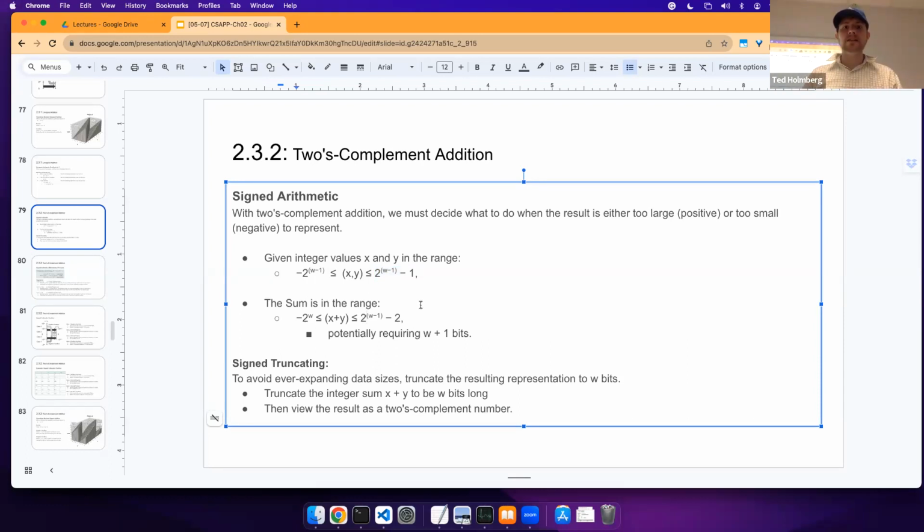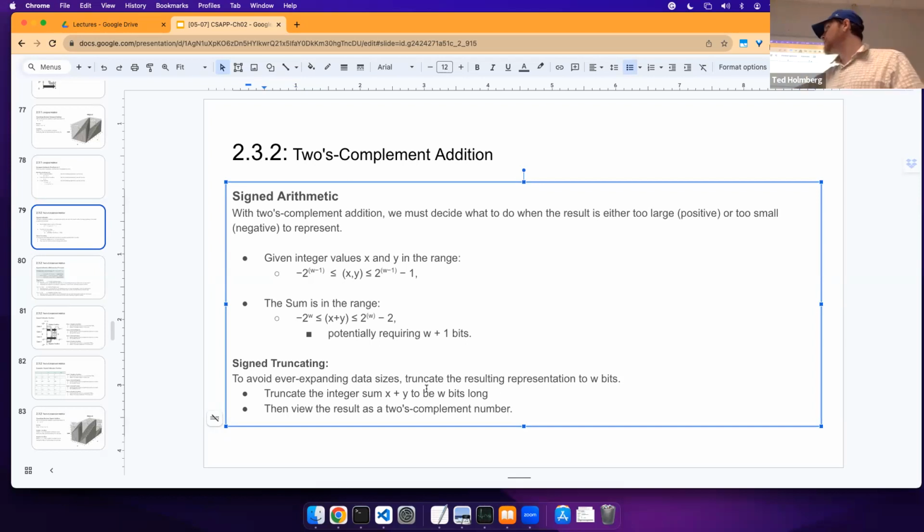Then that means that when we go to check what the sum is in the range, notice that potentially, if we allow for word size inflation, we could get anywhere between minus 2 to the power of w all the way up to 2 to the power of w minus 2.